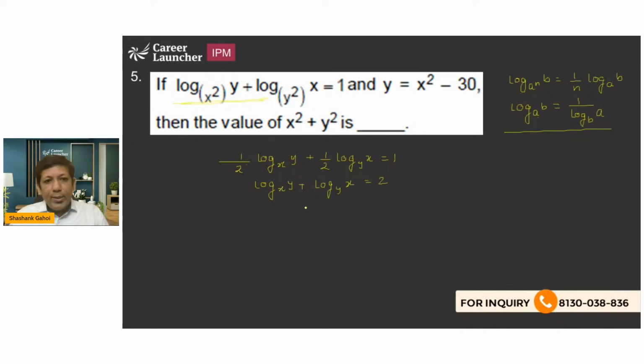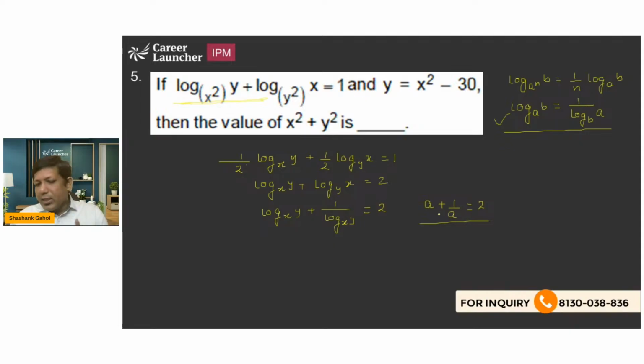Now log base x y plus 1 upon log base x y, using the formula here, is equal to 2. Basically this looks like a plus 1 upon a equal to 2. From here it directly looks like a plus 1 upon a is equal to 2. Now what we can do is take the LCM, solve this and get the answer. That is all fine.